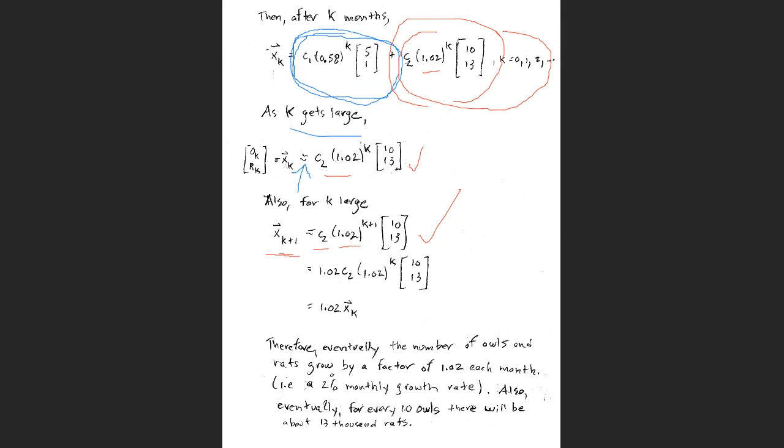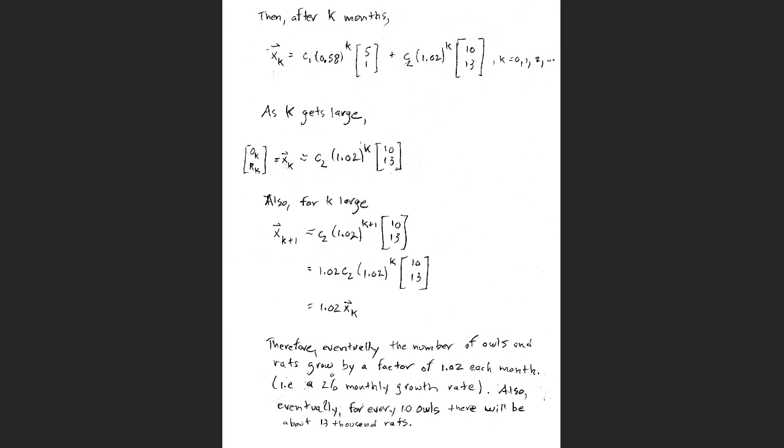I can take 1.02 to the k plus first power and write it as 1.02 times 1.02 to the kth power. And when I do that, the C2 times 1.02 to the kth power times 10, 13 is just equal to x sub k up here.